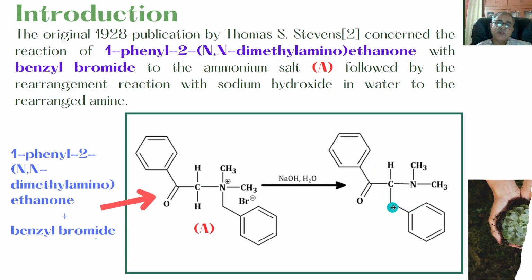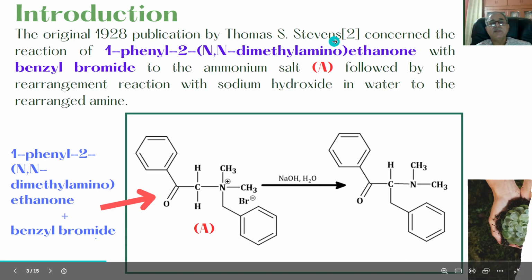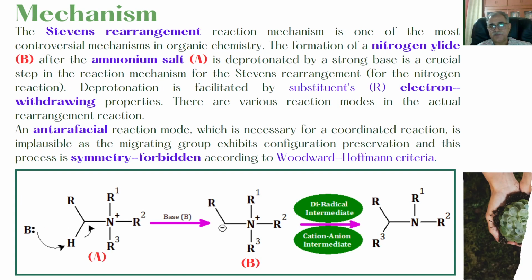So such a migration or rearrangement reaction was called Stevens rearrangement because of the name of the scientist who discovered this in 1928.